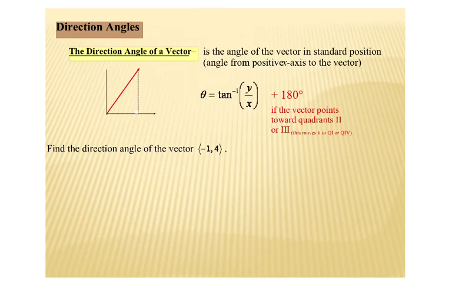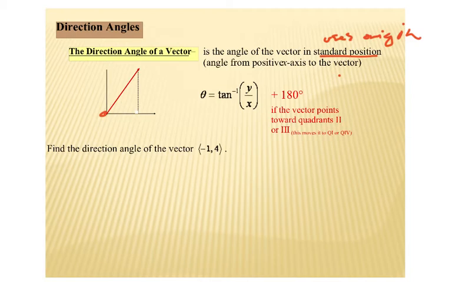So the direction angle of a vector is the angle of a vector in standard position, meaning at the origin. That's actually what that's saying there, angle from positive x-axis to the vector.